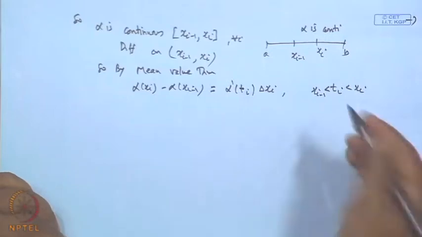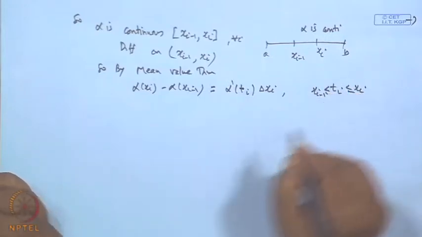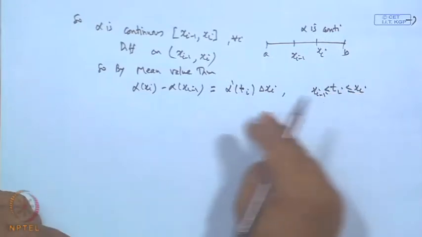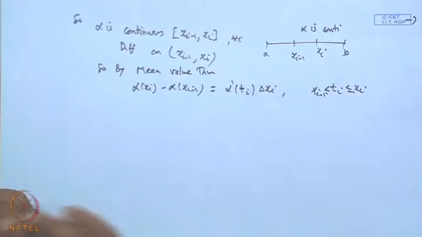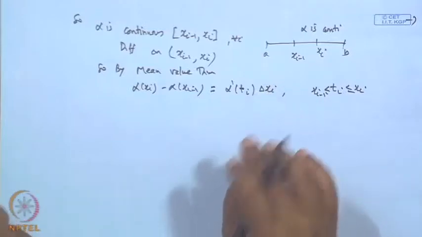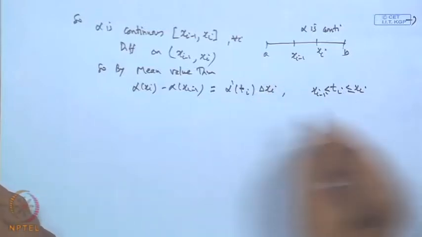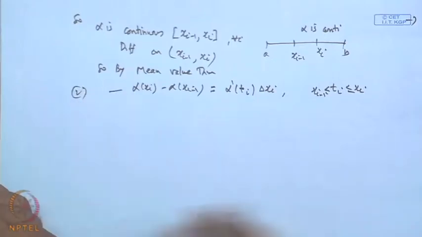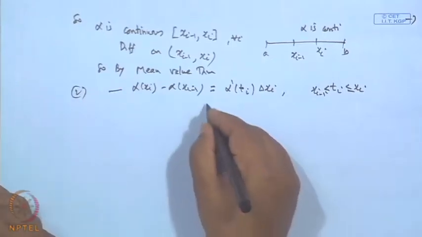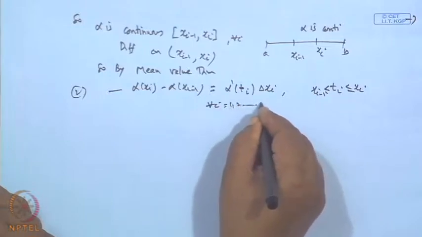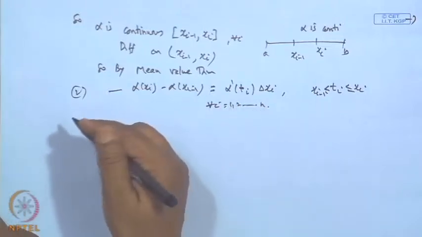So, there exists some point t(i) by the mean value theorem. Let it be number 2, for each i from 1 to n.